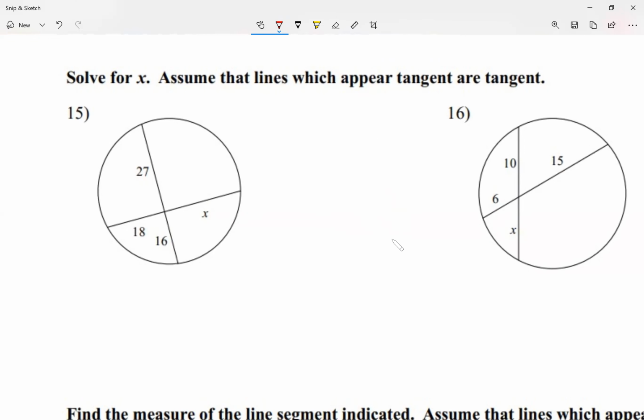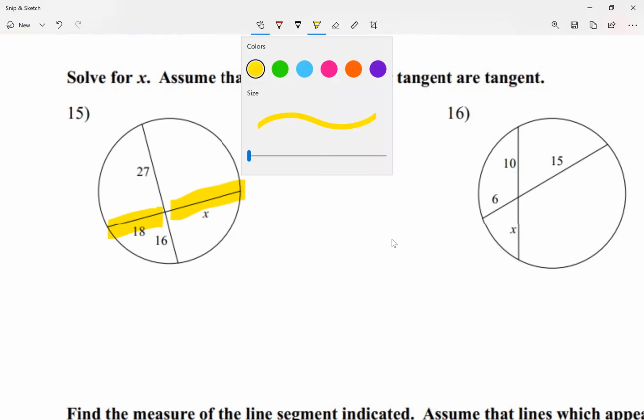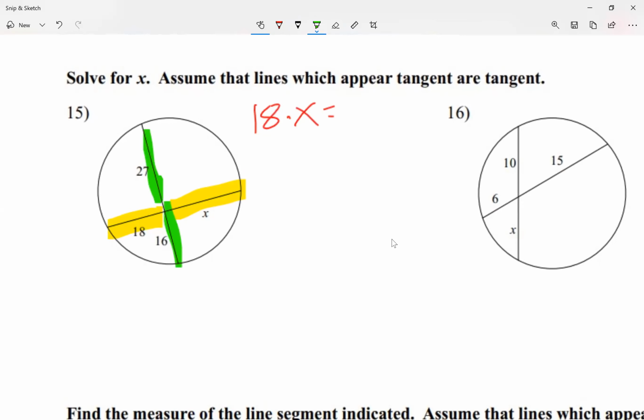What I'm going to be doing, let's take a look at one of my chords. The measurements are 18 and X. Let me multiply those two measurements. So 18 times X equals. Now looking at the other chord, my measurements are 27 and 16. So let me multiply 27 times 16.